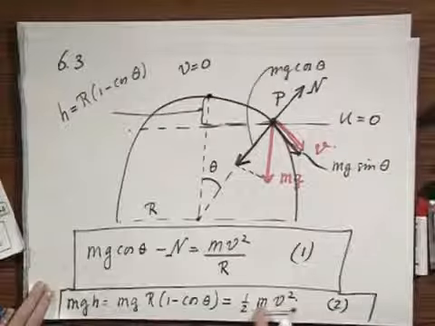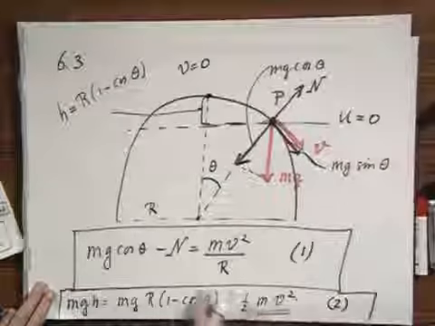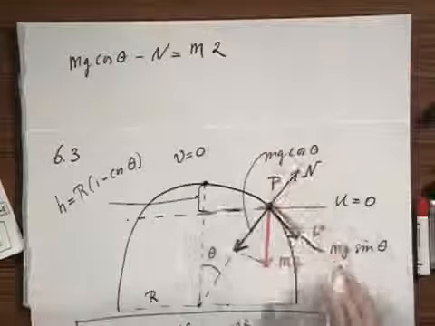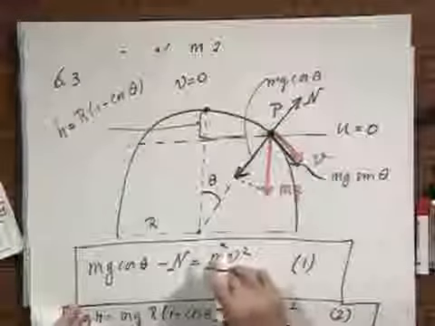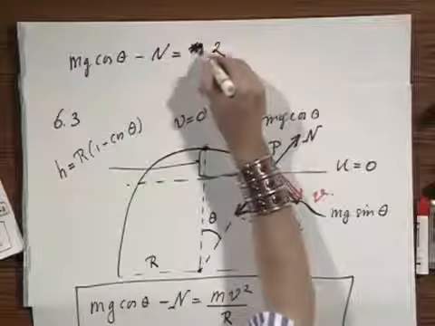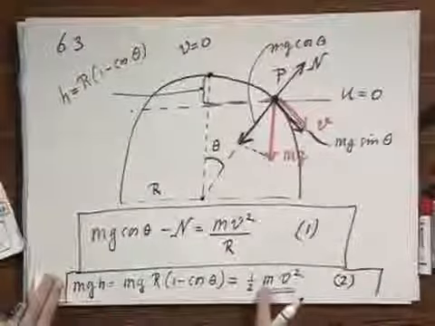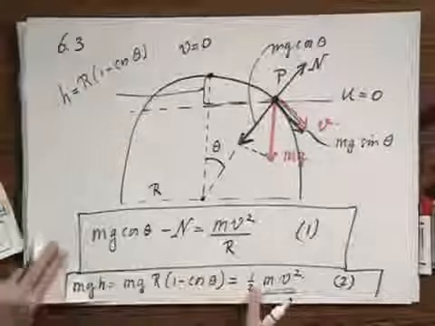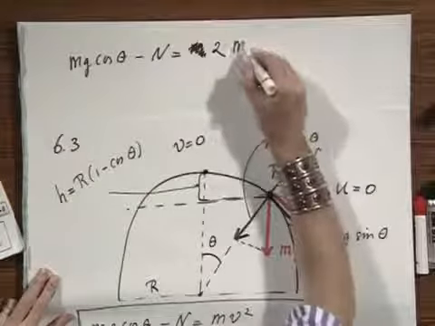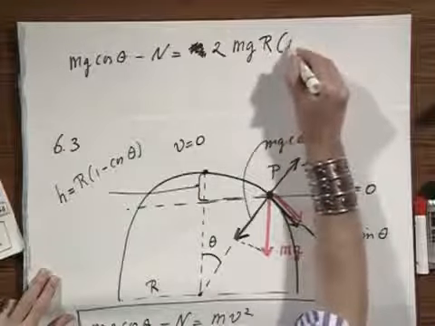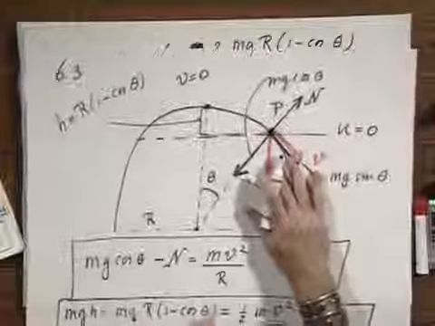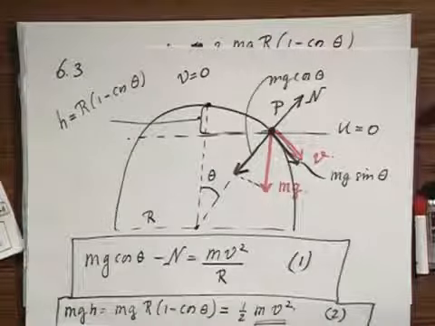And now for mv squared, I'm going to write on mgr 1 minus cosine theta times 2. So I get 2 times mg times r times 1 minus cosine theta, and then I have here an r downstairs, which is this r. Is that correct? Yeah, that's this r, mv squared over r.